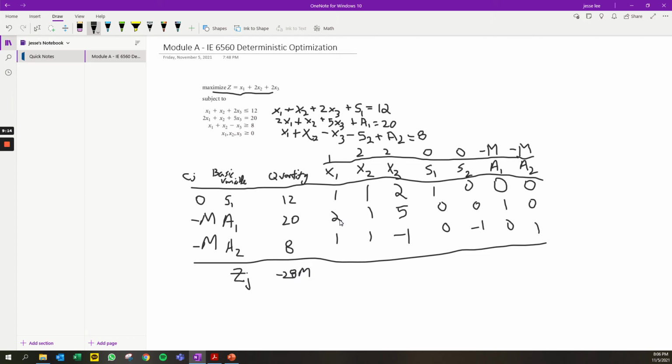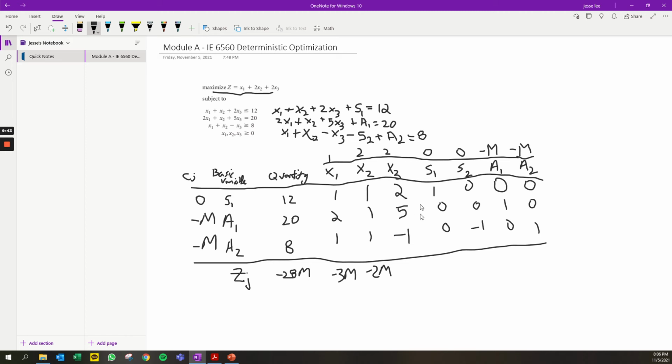And then here we have 2m plus negative 1. So we add those two together, negative 3, and then minus 1, we have negative 2m, and then minus 5, minus m, so that's plus, right?